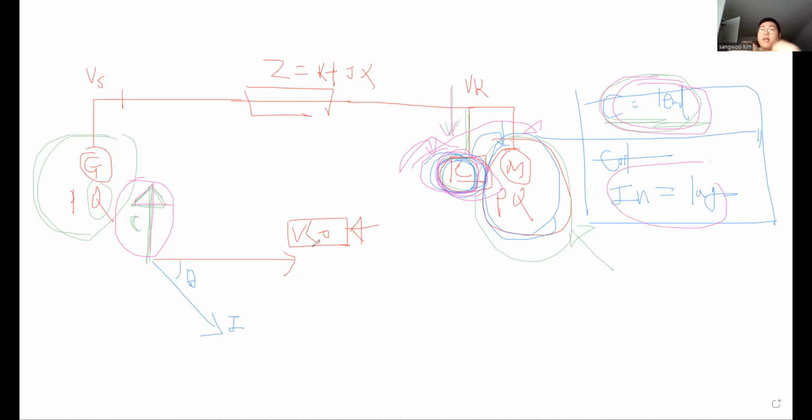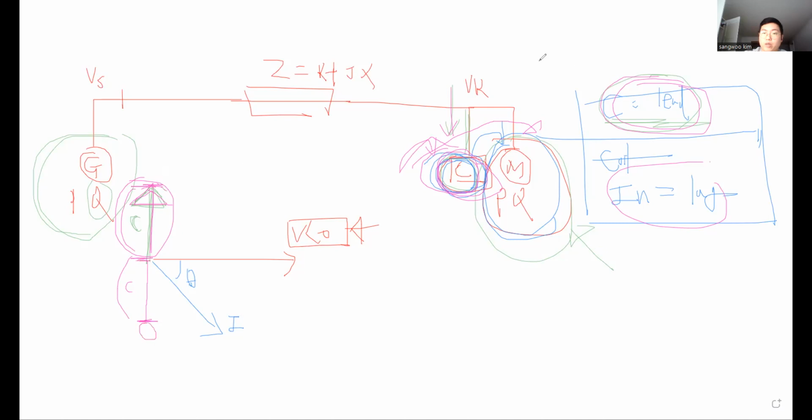Because getting and giving is different, right? So when I provide this amount of current, I supply it to the motor. So this part, C is provided.